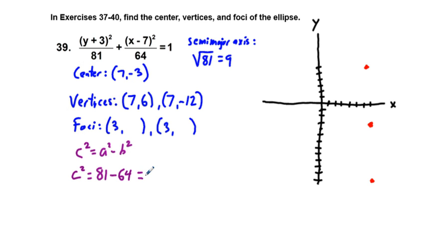So that's going to be equal to 81 minus 64, 17. So c squared is equal to 17. Therefore, c is going to be equal to plus or minus square root of 17.